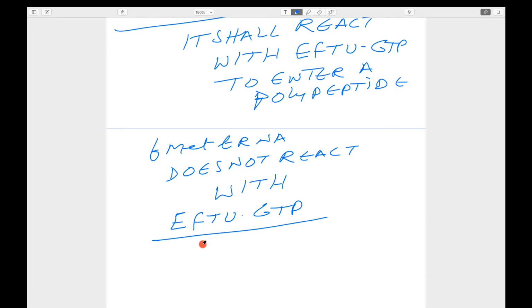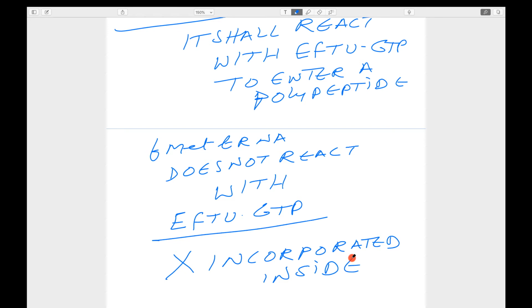That is the reason it is not incorporated inside the polypeptide chain. So the formyl methionine transfer RNA can be the initiating amino acid. Nowhere else will it be found, because it does not react with EF-Tu GTP. I hope I have made this point very clear.